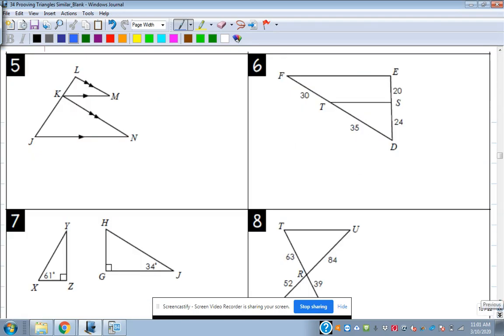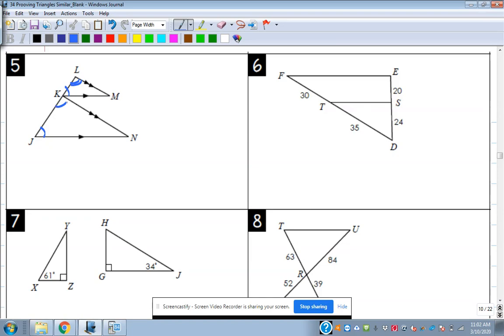Number 5, got all those parallel line markers. What should that tell us to try to go for? Angles. Okay. So, do we get angle on this one? Yes. Okay, so we get this angle congruent to that angle through corresponding angles, and then they are different transversals.